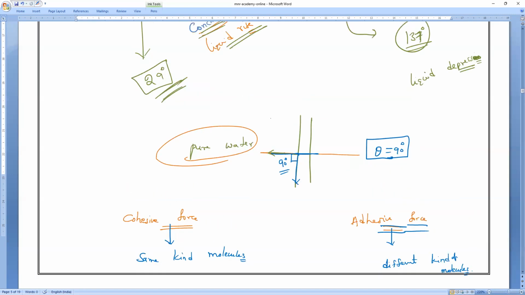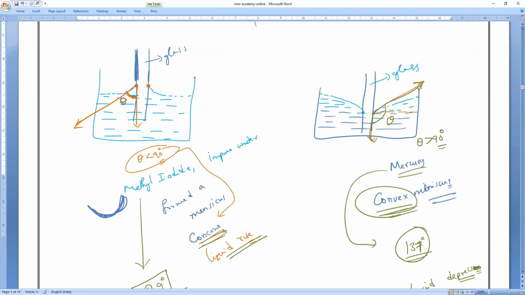Now, the liquid is coming into contact with the solid, here the glass. Which is adhesive and which is cohesive? Liquid in contact with solid is the adhesive force. Liquid in contact with liquid is the cohesive force.